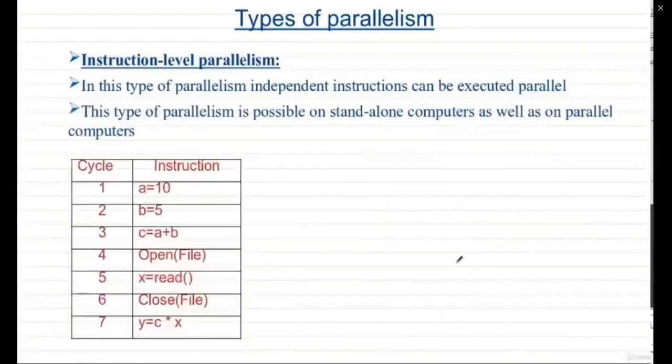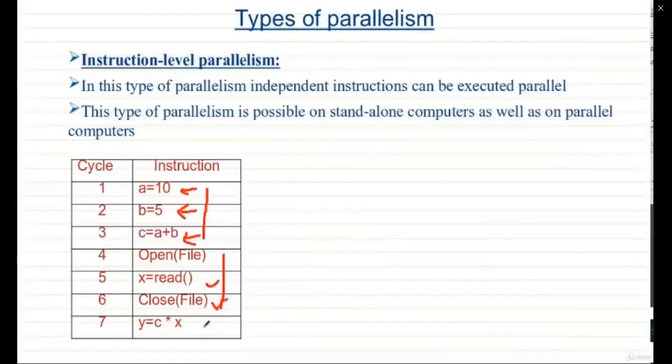For example, consider these 7 instructions, which require 7 cycles to execute. The first 3 instructions are arithmetic operations: A is assigned the value 10, B is equal to 5, and finally we perform the addition, C is equal to A plus B. The next 3 instructions are file operations: opening the file, X is equal to read, and then closing the file.